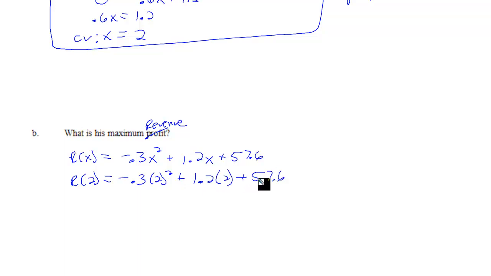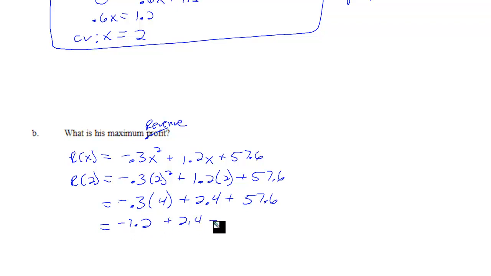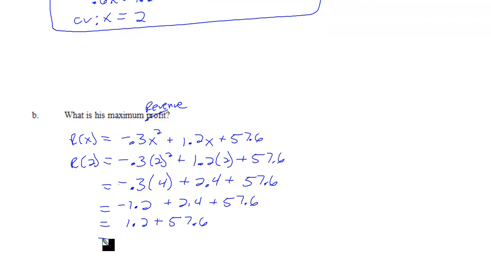And simplify this. 2 squared is 4. 2 times 1.2 is 2.4. 4 times 0.3 is 1.2. A negative times a positive is a negative. Negative 1.2 plus 2.4 is 1.2. 57.6 plus 1.2 is 58.8.